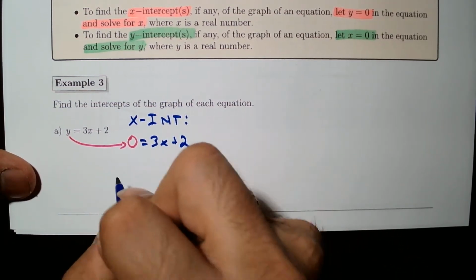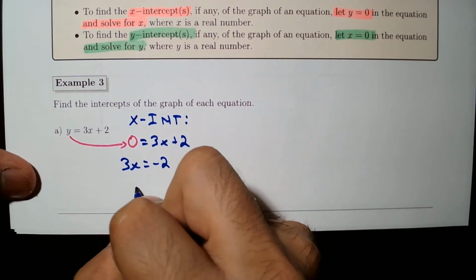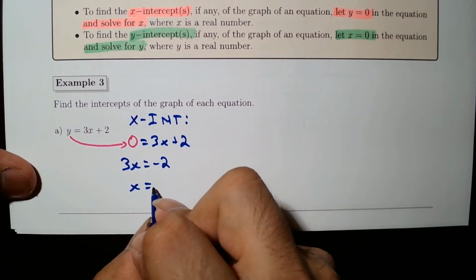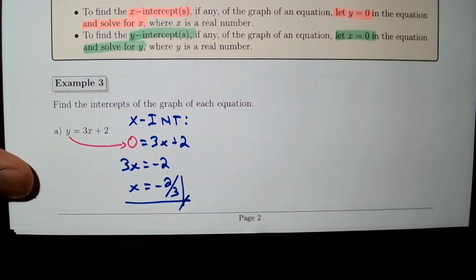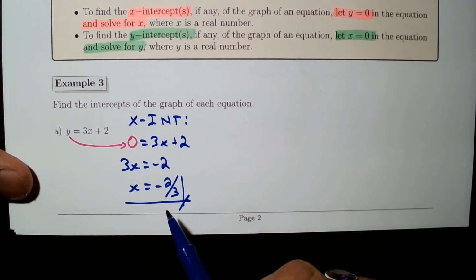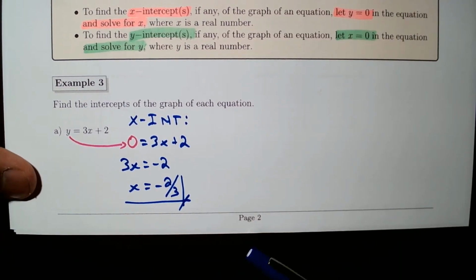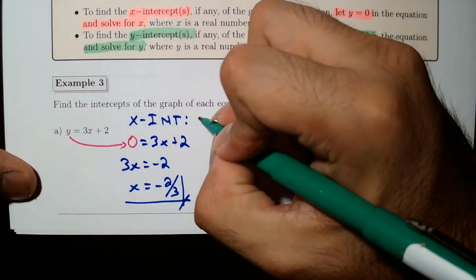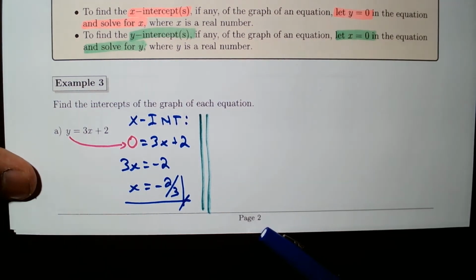I'm going to subtract 2 from both sides and divide both sides by 3 to get negative 2/3. So that's the x value. This is not the final answer. Keep in mind that intercepts are meant to be represented as ordered pairs. Alright, so let's do the y-intercept.